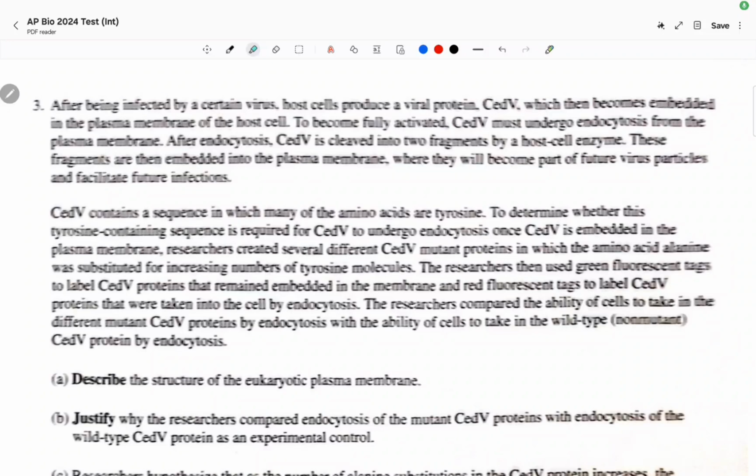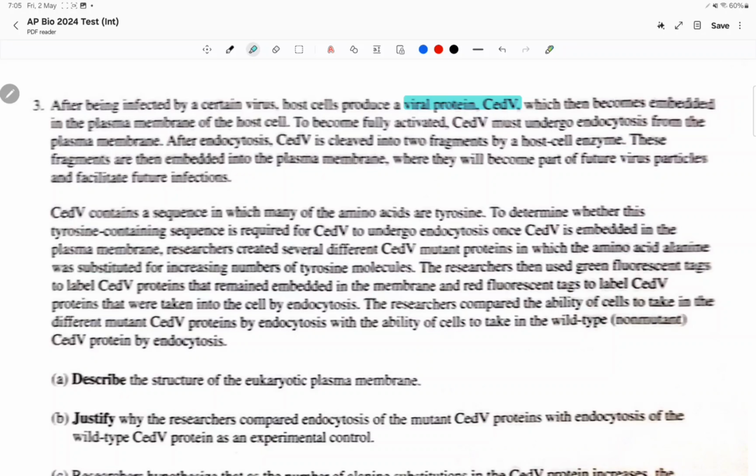After being infected by a certain virus, host cells produce a viral protein called SEDV, which then becomes embedded in the plasma membrane of the host cell. To become fully activated, SEDV must undergo endocytosis from the plasma membrane.